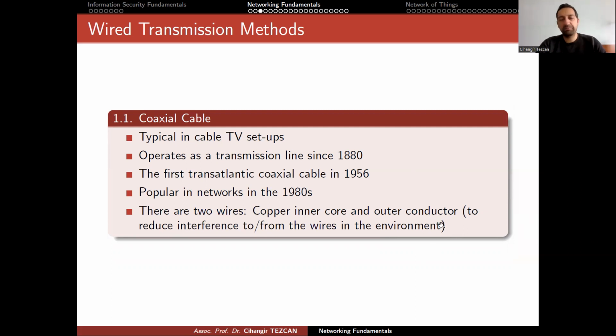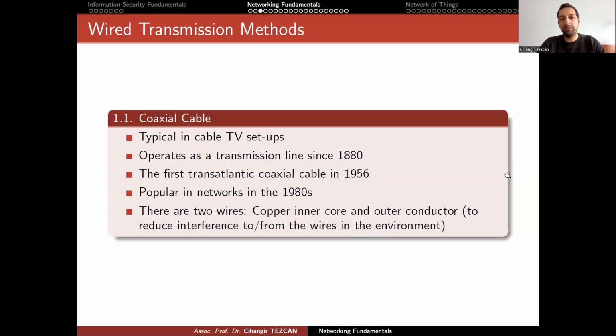This looks like a simple sentence here, but historically it is important because initially, when we were transferring electricity and so on, people didn't notice the outer conductor would be a nice idea. If you are using copper as a cable and don't use an outer conductor, there is too much interference. If you want to transmit data hundreds of meters or kilometers, without this conductor you can only reach a few meters.